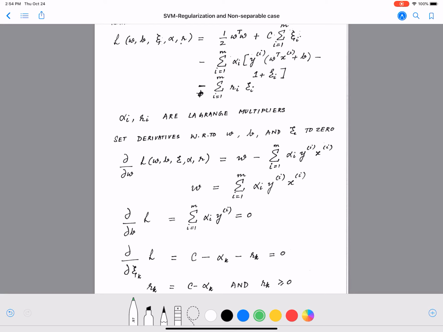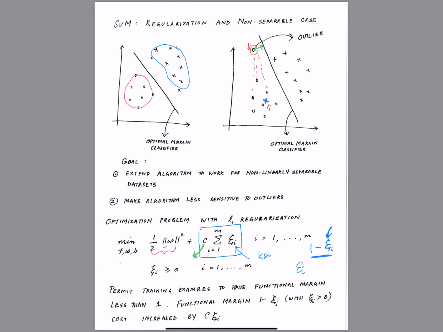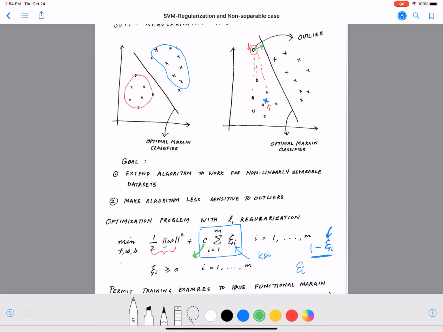So for some of the points, the functional margin is less than 1 and it becomes 1 minus the amount of slack that we are allowing for that data point.